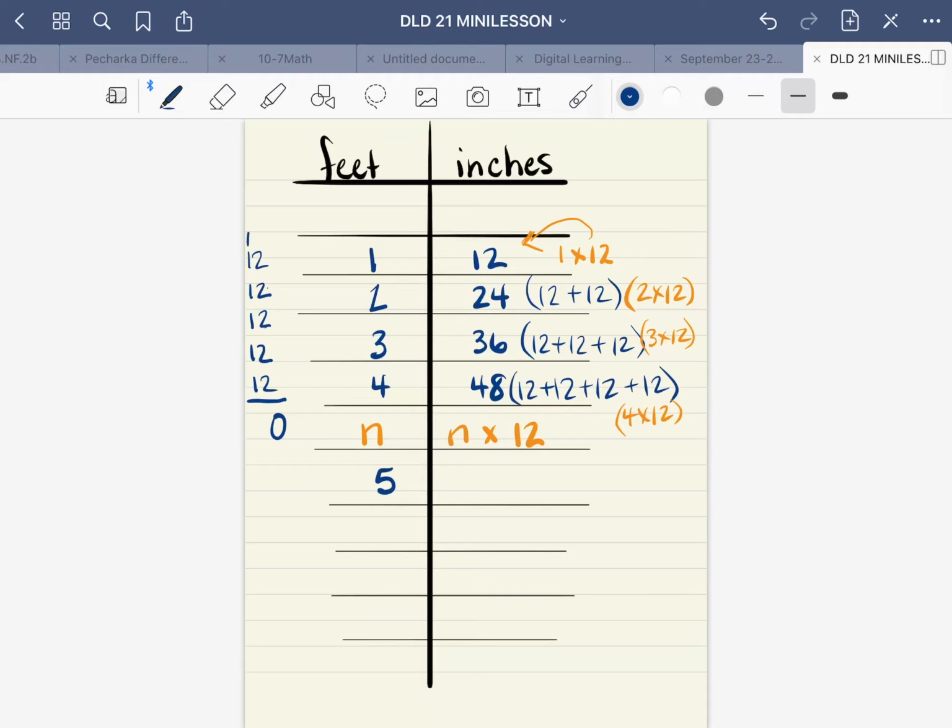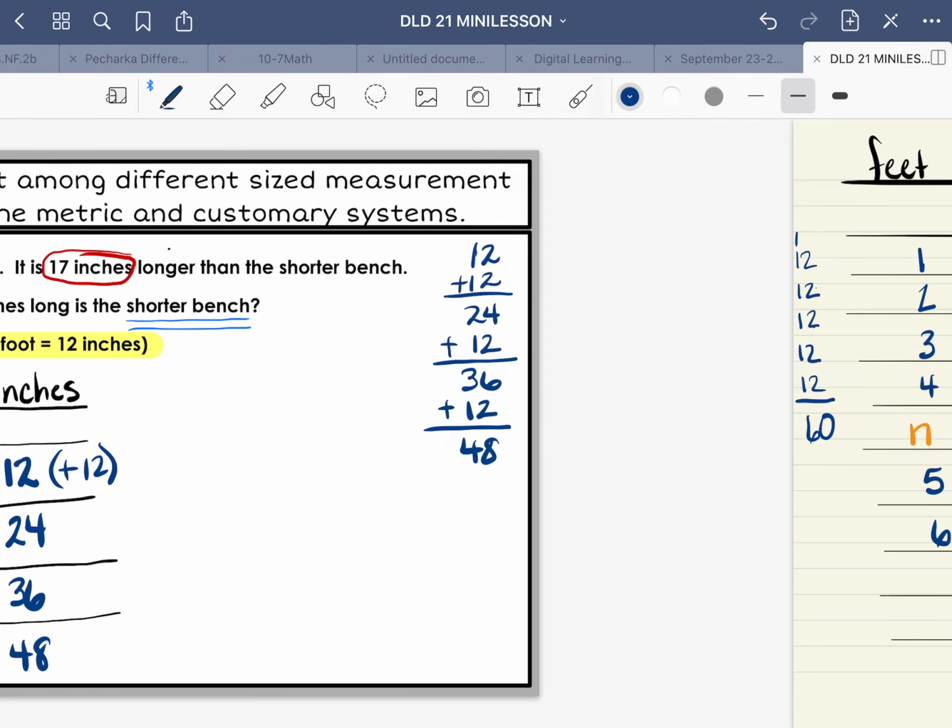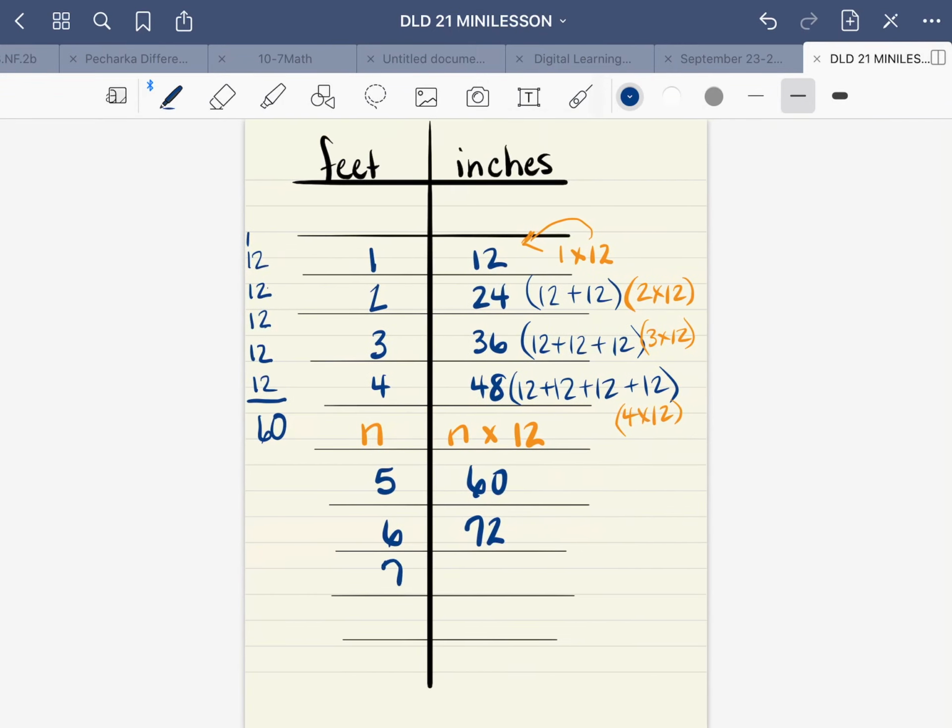Okay, regroup that. Now I have 1, 2, 3, 4, 5, 6. So I know that 5 feet equals 60 inches. And continuing on, if I had 6 feet, it would equal 72 inches. And 7 feet equals 84 inches.